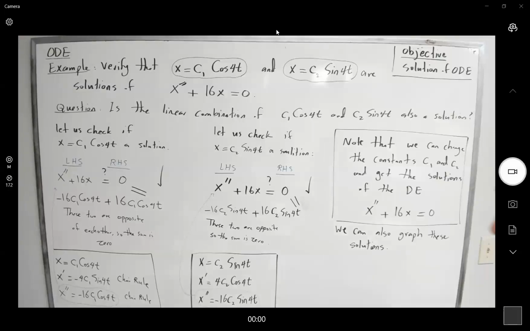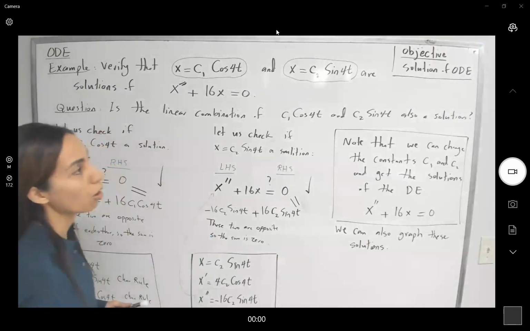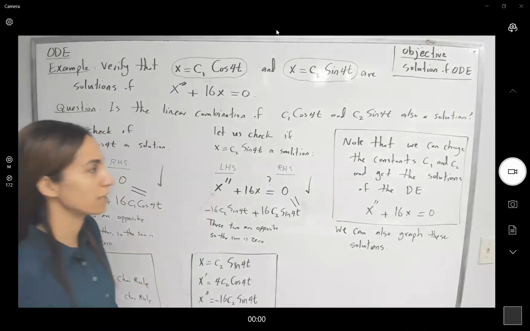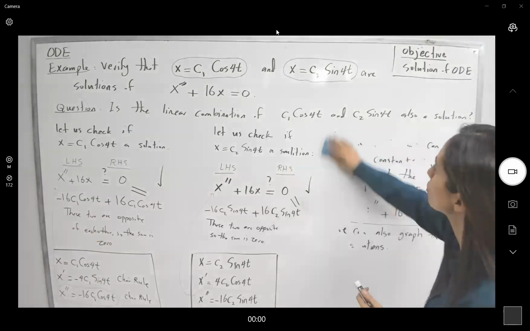So how do we answer this question? Is the linear combination of the solutions also a solution? Well, let us check it. What is a linear combination of these two solutions?